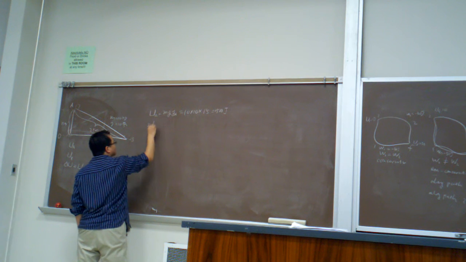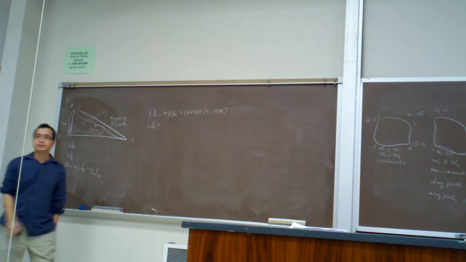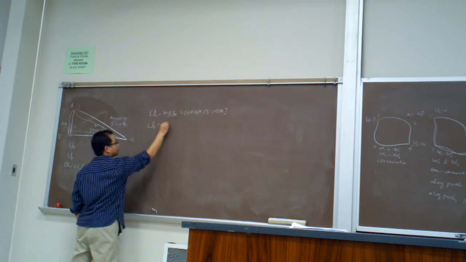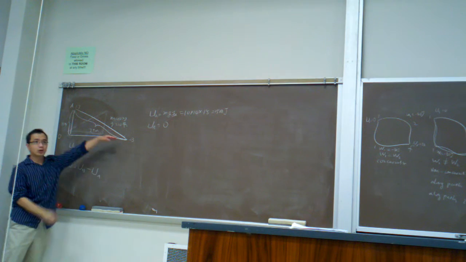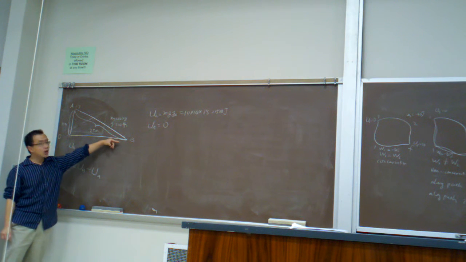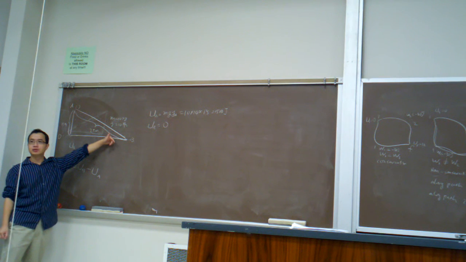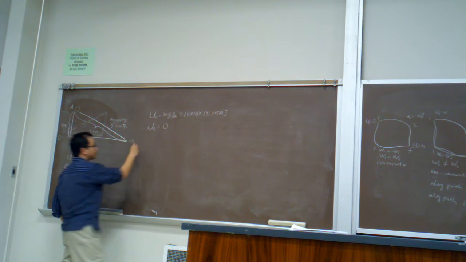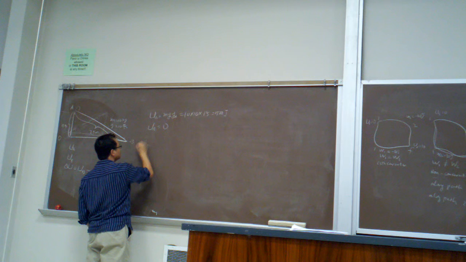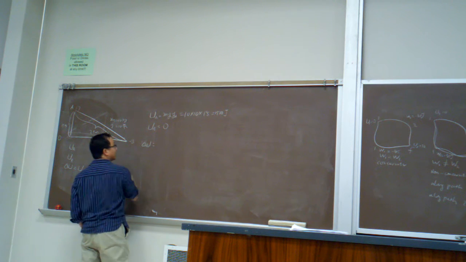Now, if we calculate UB, what am I going to get? 0, right? Because we choose the bottom as our 0 reference. So the height of the bottom is 0, and it will give you 0 gravitational potential energy. And then of course delta U equals UB minus UA.